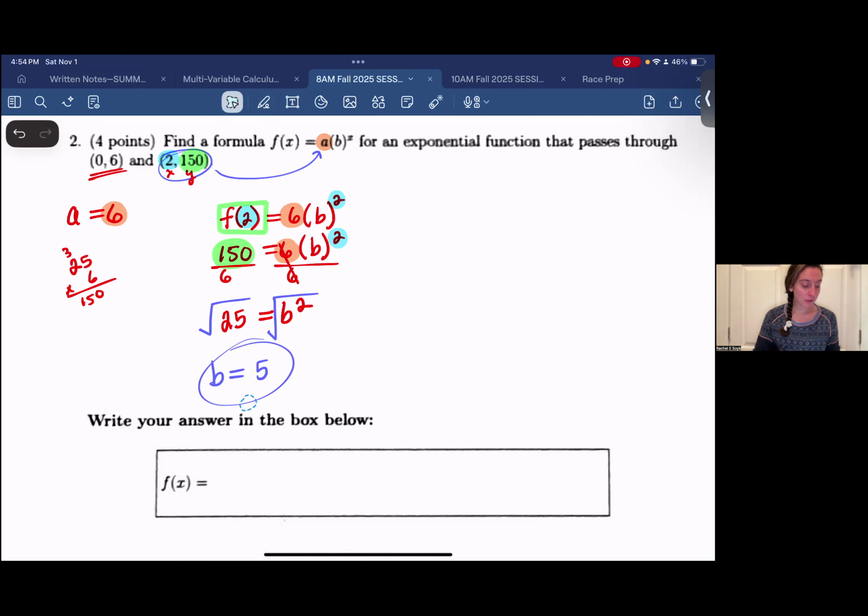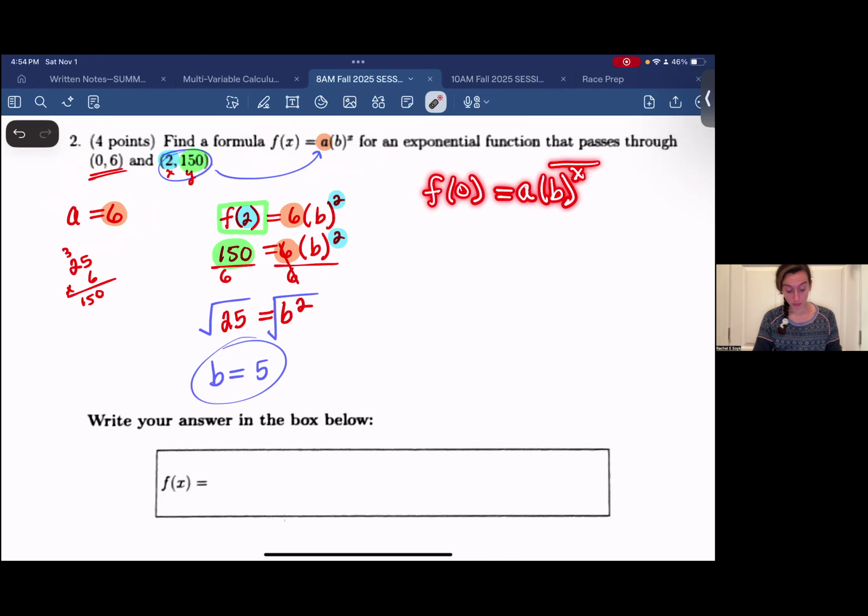Perfect. If you forgot the whole y-intercept a value being equal to 6, that's okay. You can plug that into the function as well to find your a value. If you have f of your x value 0 is equal to a times b to the 0 power, anything to the 0 power is just 1. So we get f of 0 is equal to a times 1, which is just a.